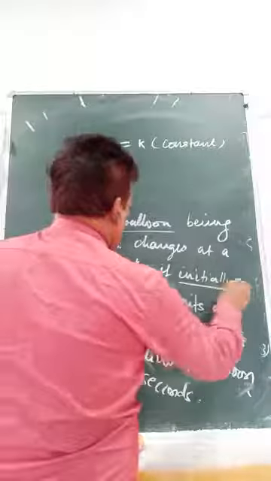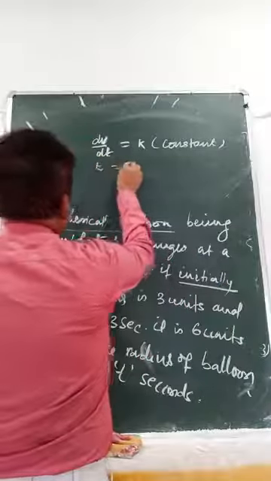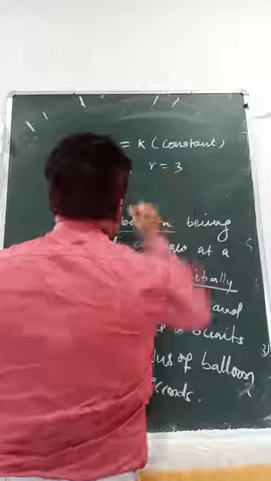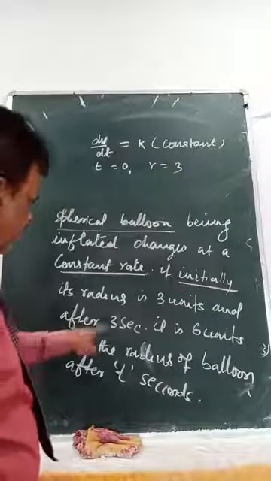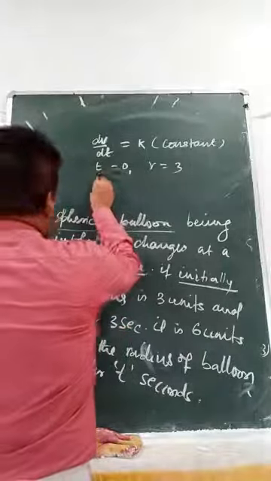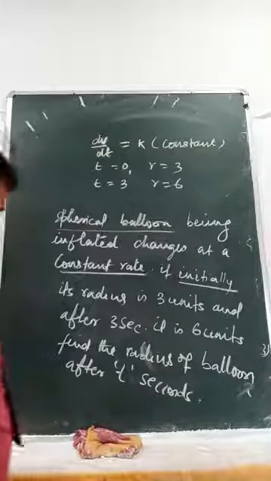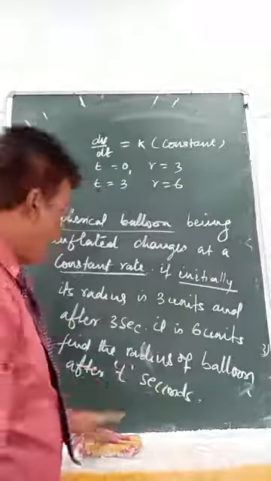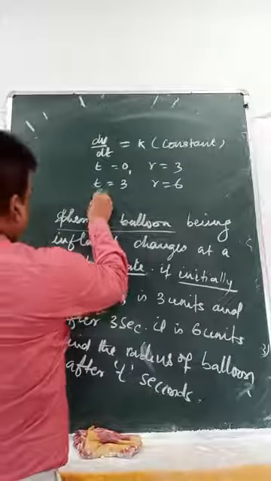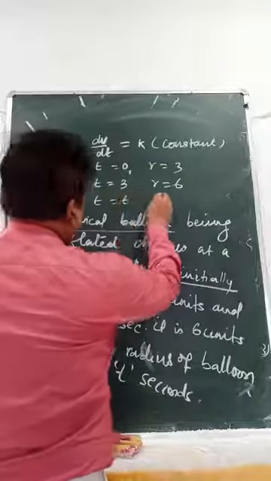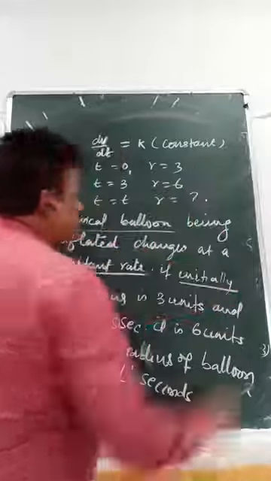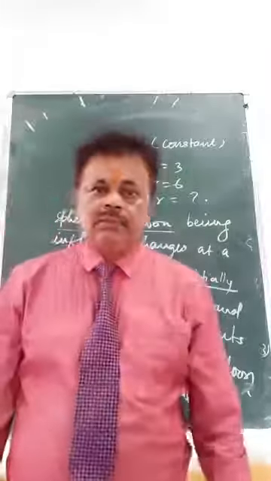Initially means time is 0, your radius is 3. After 3 seconds, time is 3, radius is 6. Once time is t, what is r? This is your question. Okay?